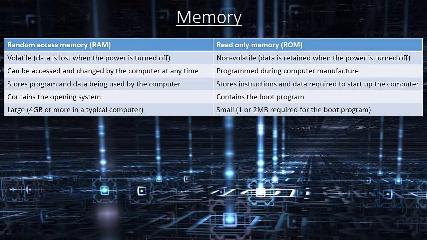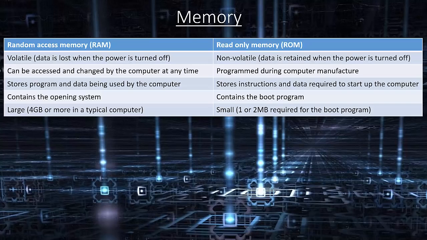Random access memory, also known as RAM, is volatile, which means data is lost when the power is turned off, can be accessed and changed by the computer at any time, stores programs and data being used by the computer, contains the operating system, and is large, which means 4 GB or more in a typical computer.